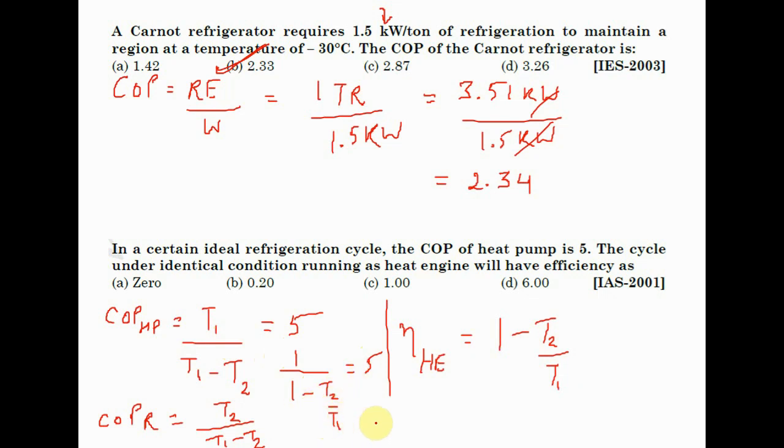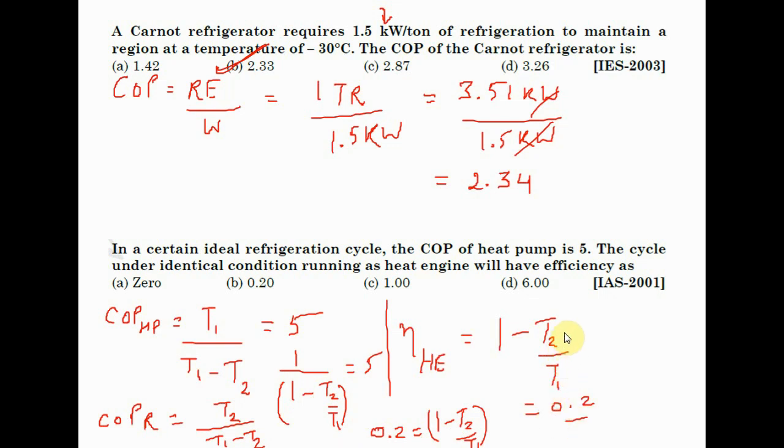If you cross multiply, 1 minus T2 by T1 will be equal to 1 by 5. 1 by 5 is nothing but 0.2, so it is equal to 1 minus T2 by T1. And this value itself we need to find, 1 minus T2 by T1, which is equal to 0.2. So the efficiency of the heat engine is 0.2.